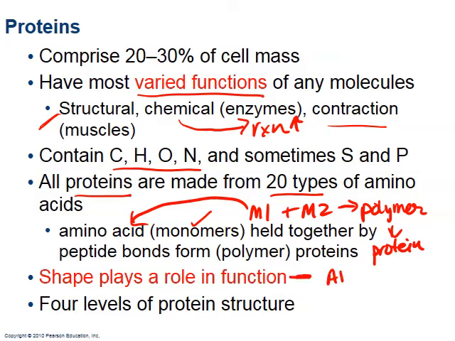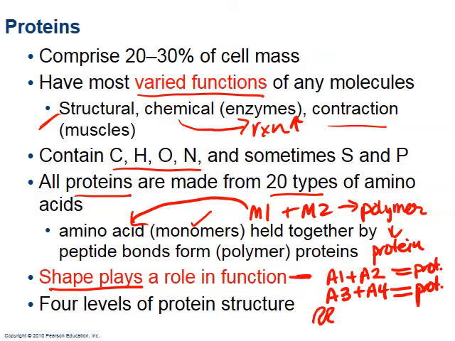So if you have amino acid 1 and amino acid 2, or if you have amino acid 3 and amino acid 4, these are going to give you two completely different proteins. And I'll show you this on the next slide. But the shape also plays an important role. So how these amino acids link together decides how the protein is going to function in the body.